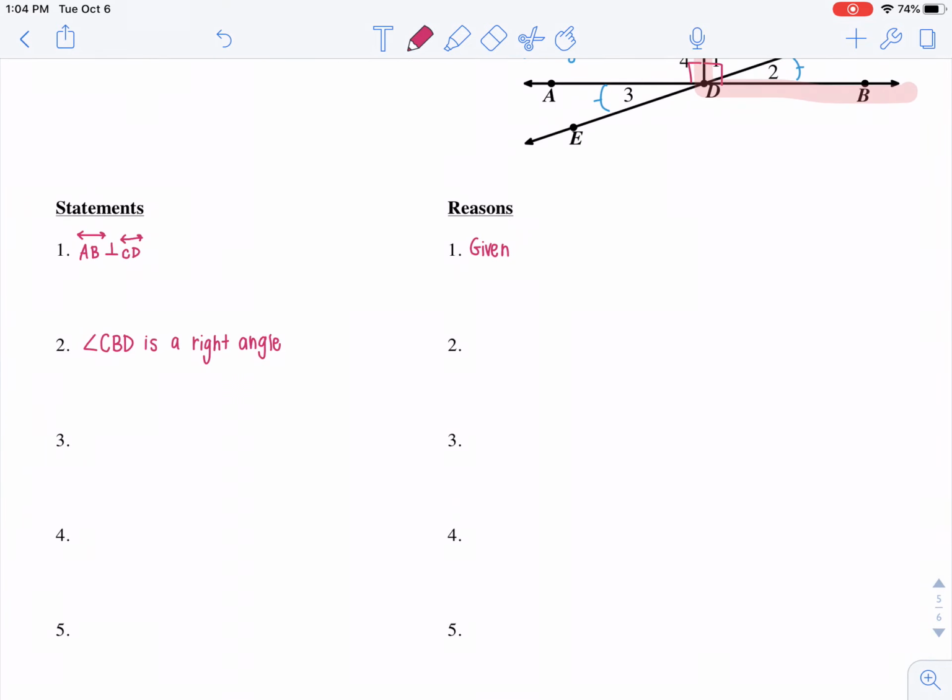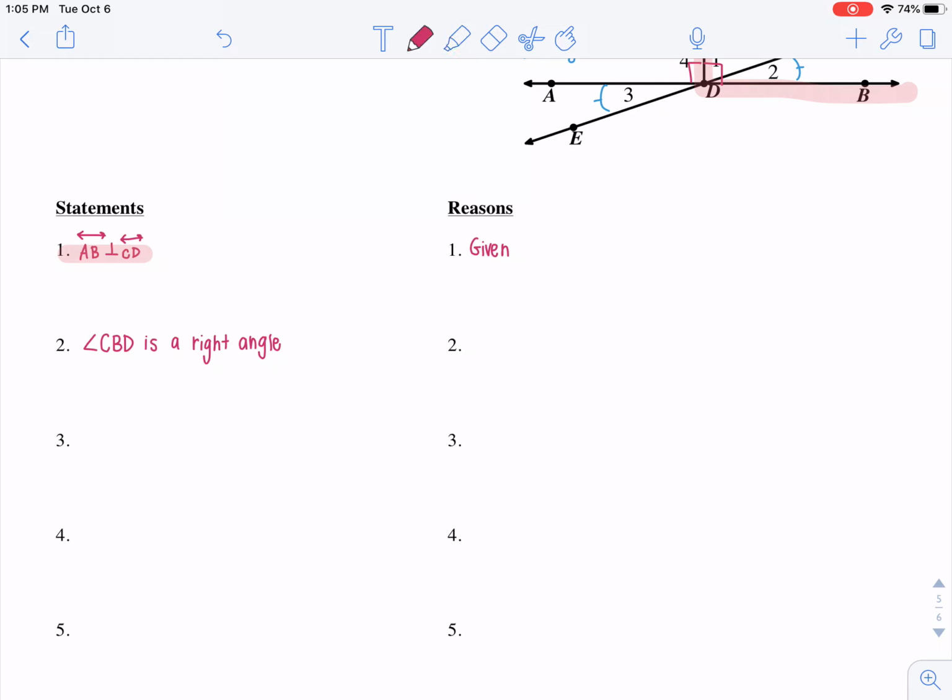Now, I want us to think about this. In our hypothesis, what piece of information did we already prove that's going to help us? So we already said that lines are perpendicular.